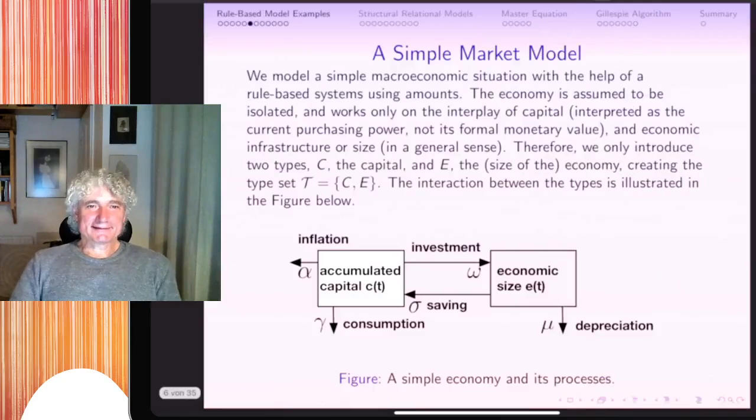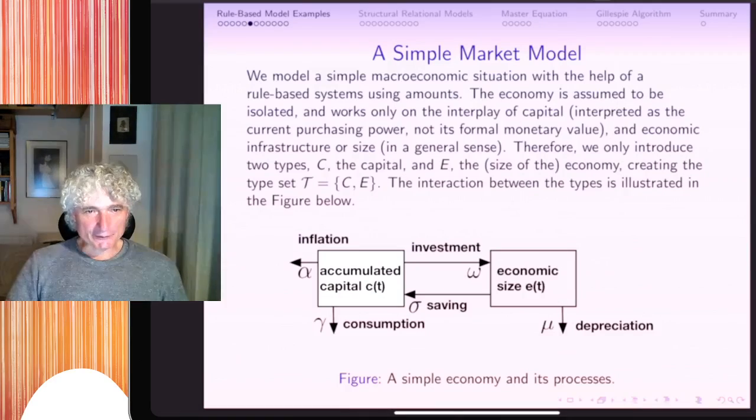Now we go to a completely different field. We go to economy. The motivation is twofold. On one hand, of course, I would like to argue that these rule-based models can be applied everywhere. Economy is a very good example for that. But on the other hand, I also need an example for what we call rules of amount.